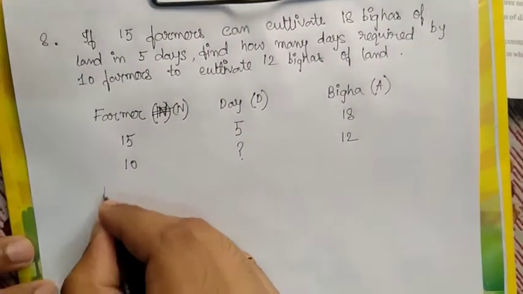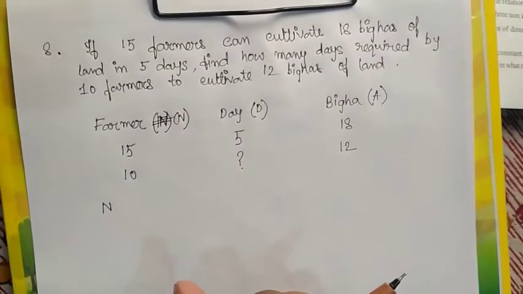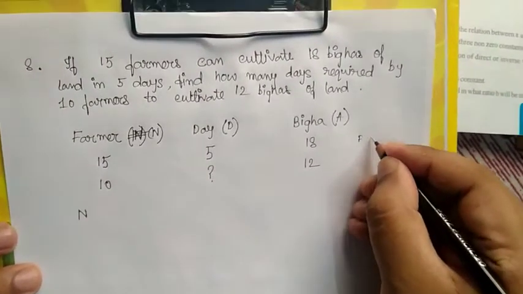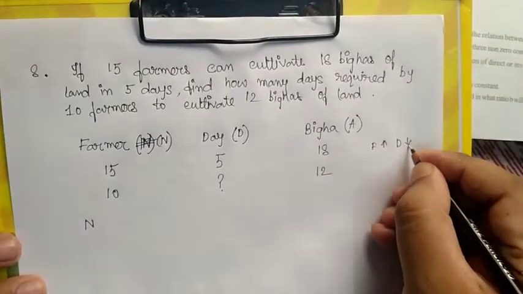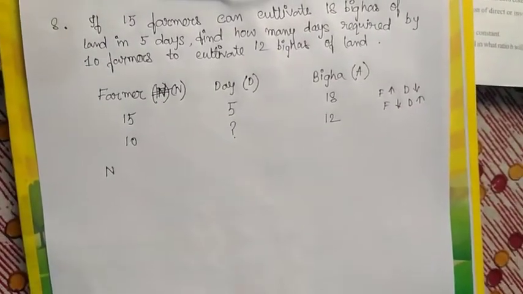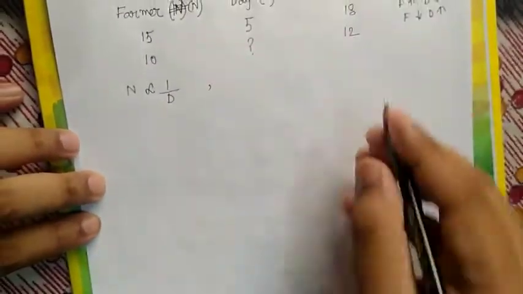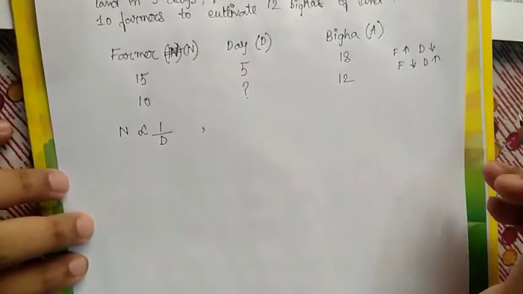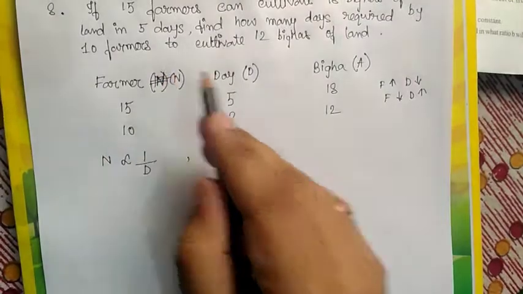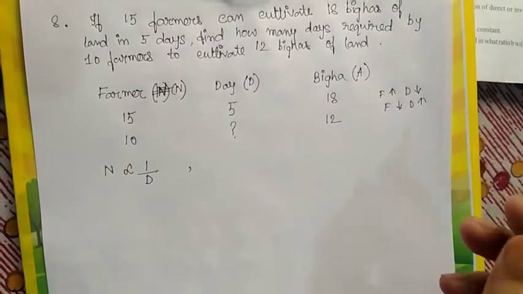First of all, farmer and day are related in inverse variation. Why? If farmer increases, day decreases, and if farmer decreases, day increases. And farmer and bigha are in direct variation. Direct variation means if farmer increases, bigha also increases, and if farmer decreases, bigha also decreases.